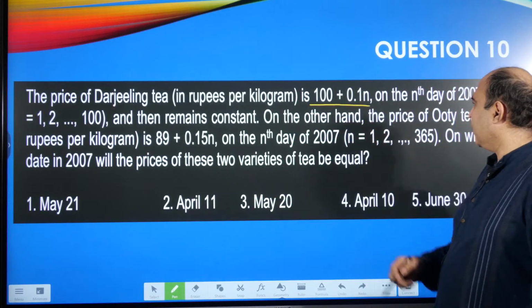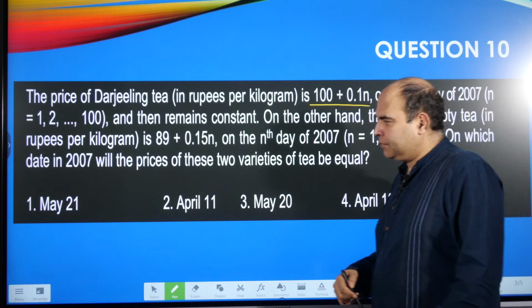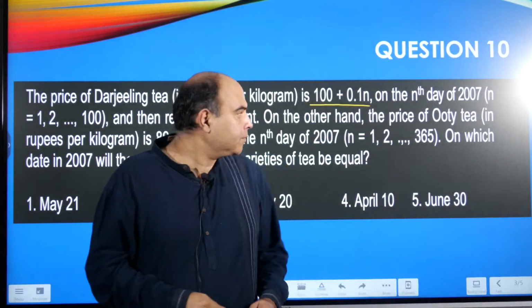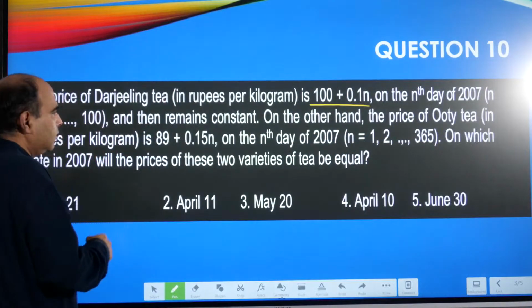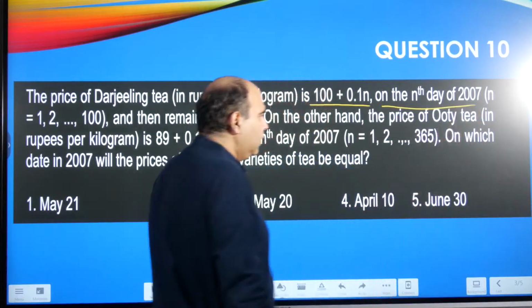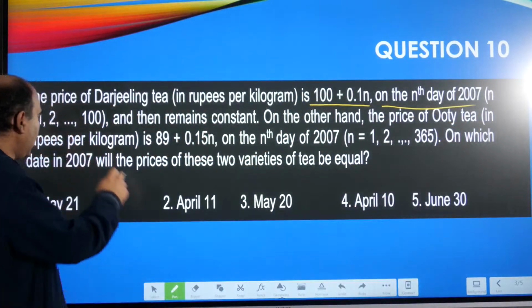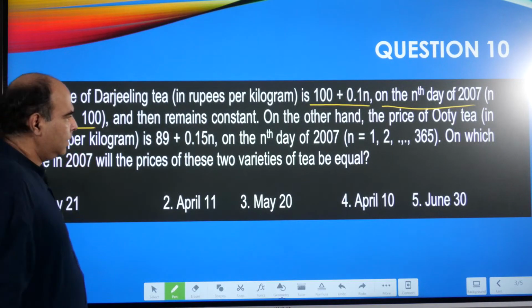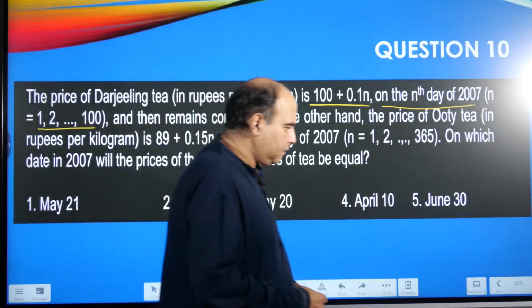The price is 100 plus 0.1 N on the nth day of the year 2007, where N is equal to 1, 2, 3, 4 up to 100, and then remains constant.